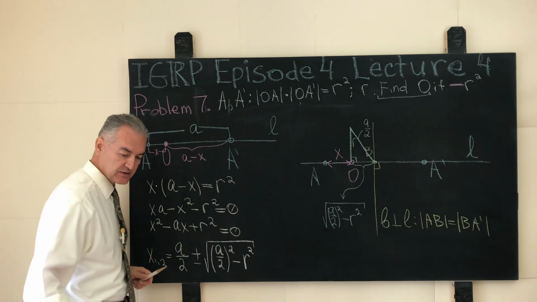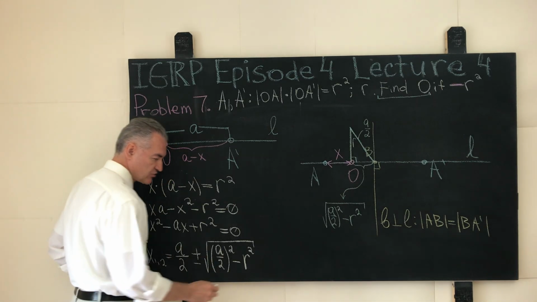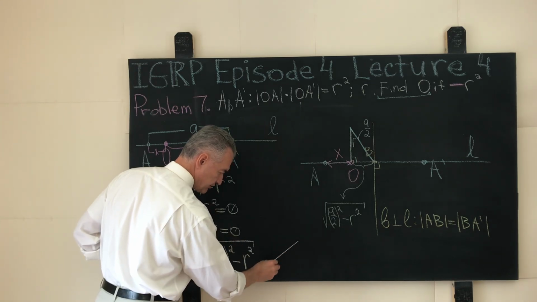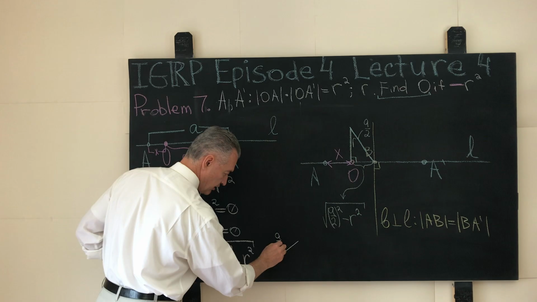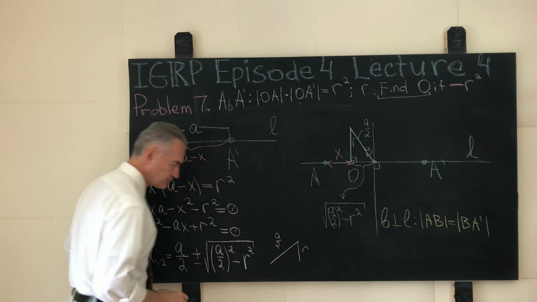Well, in this case, that distance represents a side of a triangle where the hypotenuse is known. The hypotenuse is known as a over 2, and the other side is known, r.